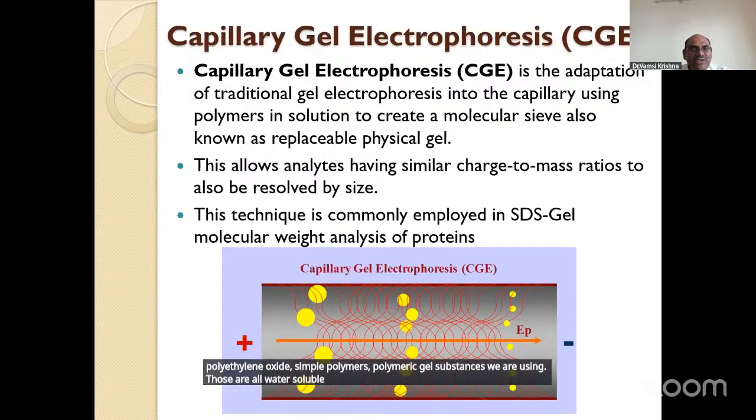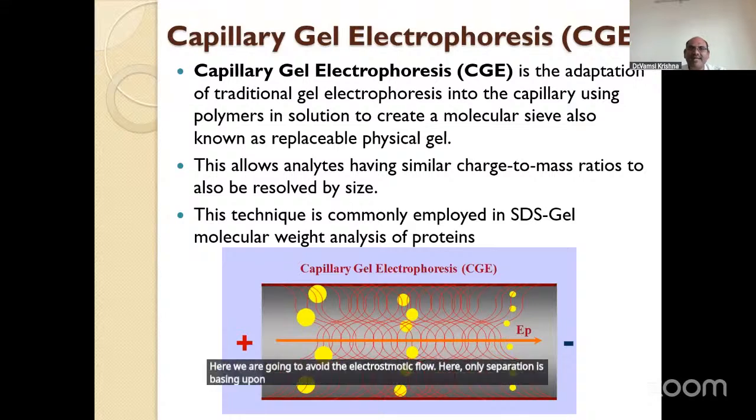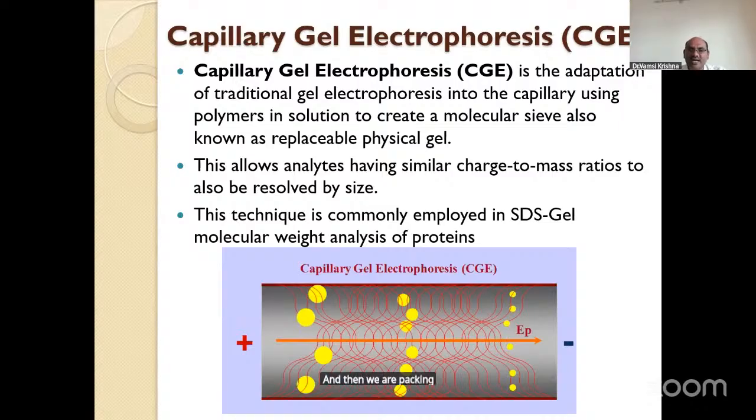We are packing those gels in the capillary, and here we are going to use a coated capillary. Here we are going to avoid electroosmotic flow; separation is based only upon electrophoretic mobility. For avoiding electroosmotic flow, we are coating the capillary with a polyamide coating, and then packing the capillary with the gels.